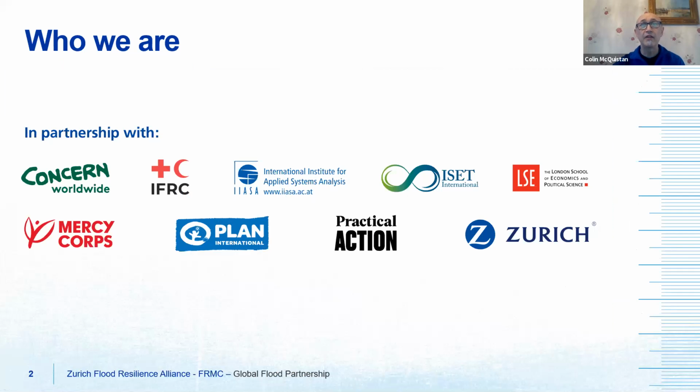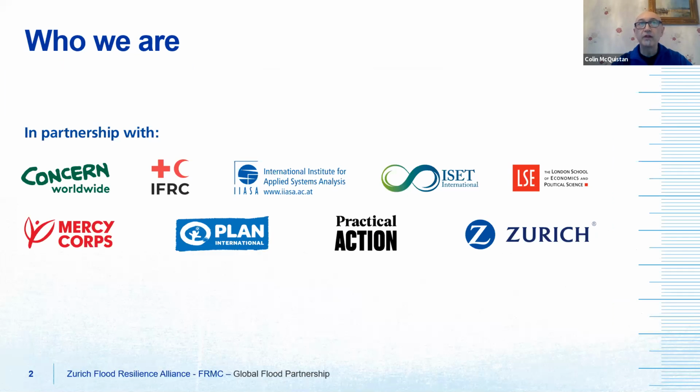The Alliance is an alliance of 9 organisations. There are 5 practitioner organisations, of which Practical Action is one: Practical Action, Concern, Mercy Corps, the International Federation of the Red Cross, and Plan International.